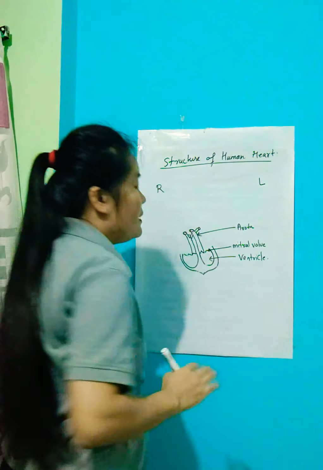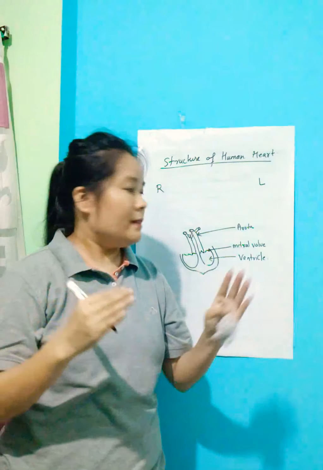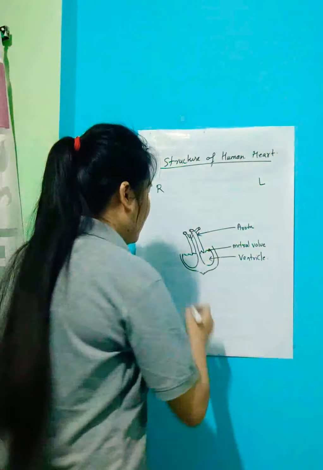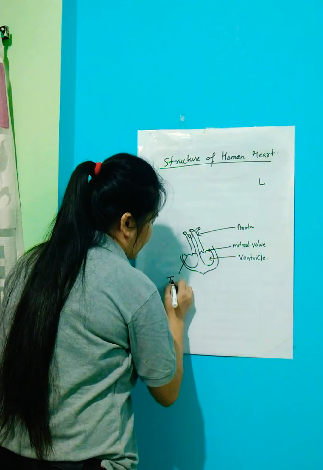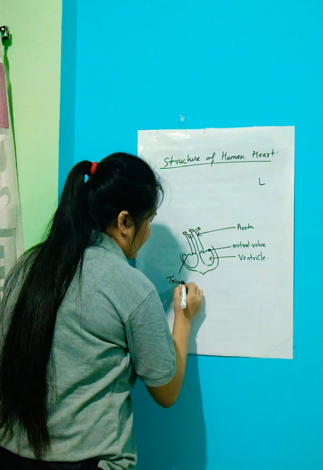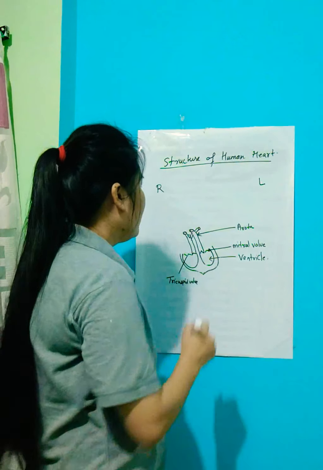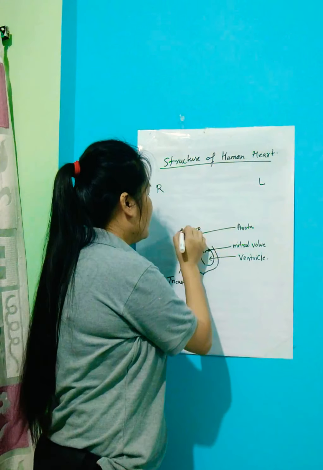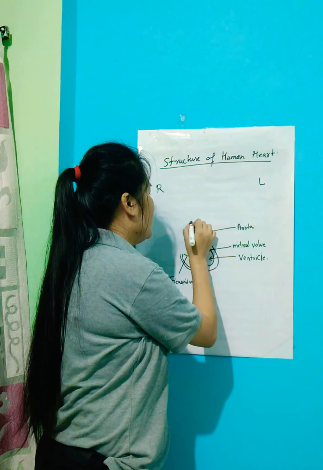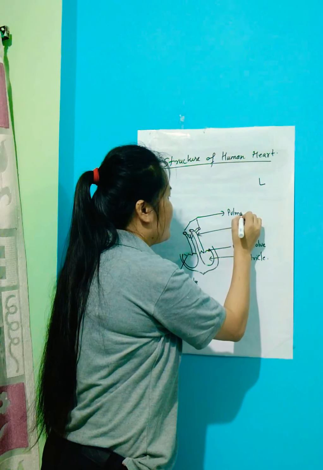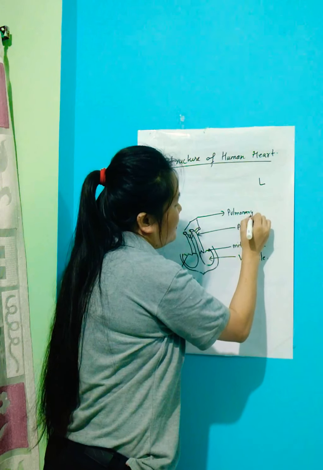Here it is 3 valves, this side it is only 2. Here it is 3 flaps, so it is known as tricuspid. And this one is your aorta, and this one opens to your pulmonary artery.